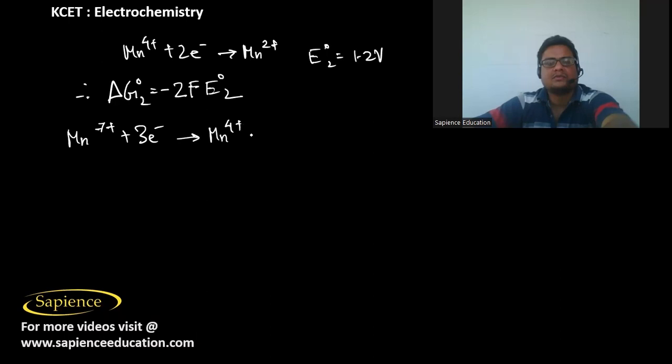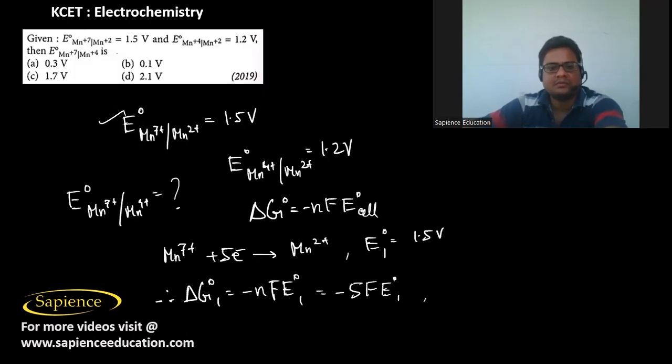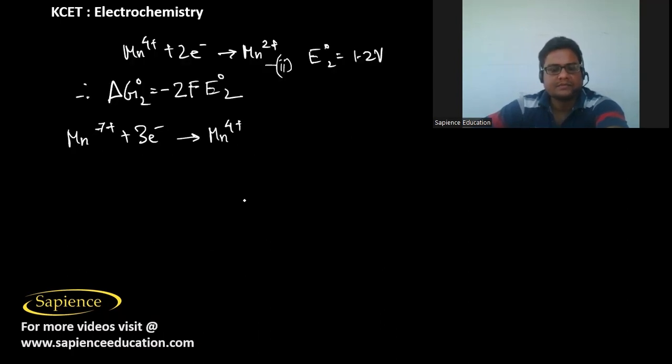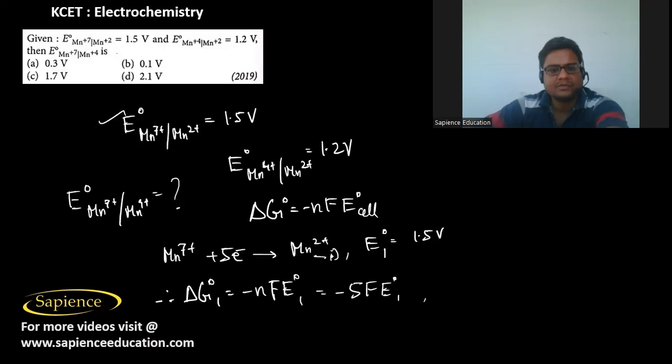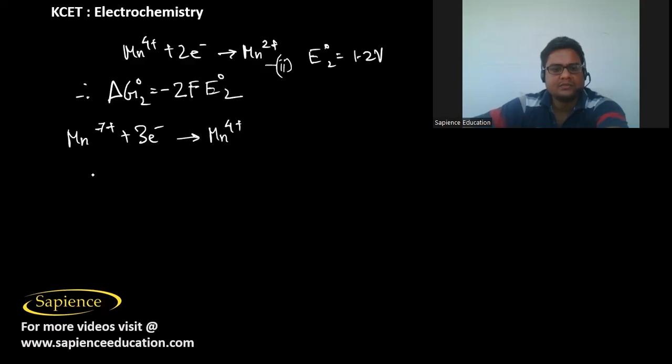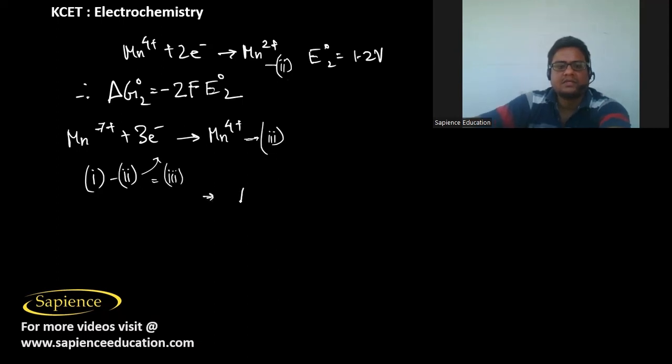So now here we see that if we subtract the second reaction from the first reaction, that is first minus second, then we will get the third reaction. So therefore we can say that delta G naught 1 minus delta G naught 2 will be equal to delta G naught 3.